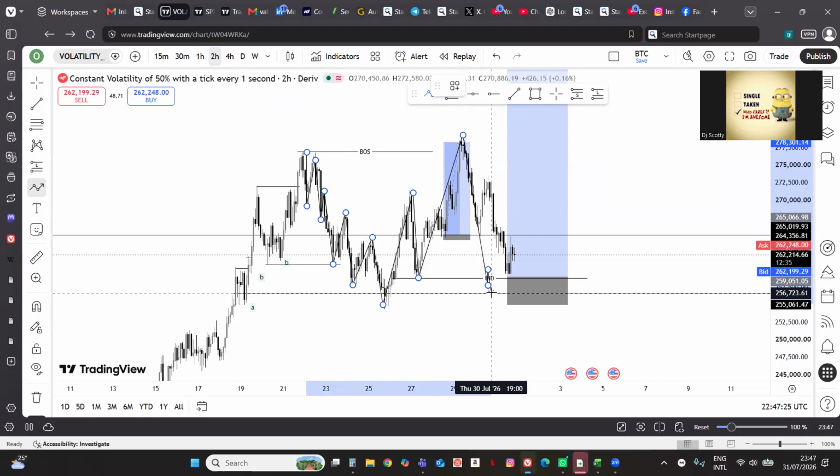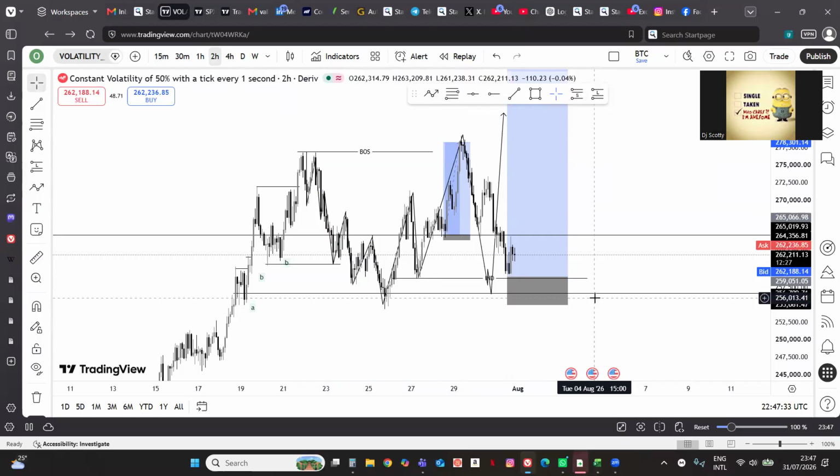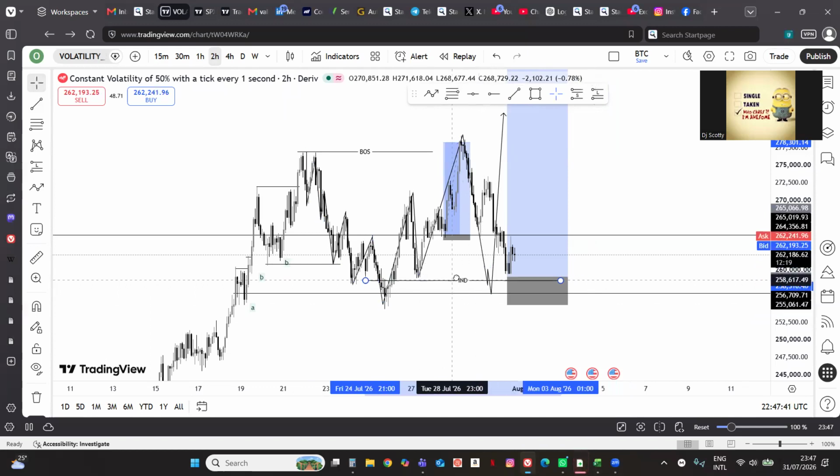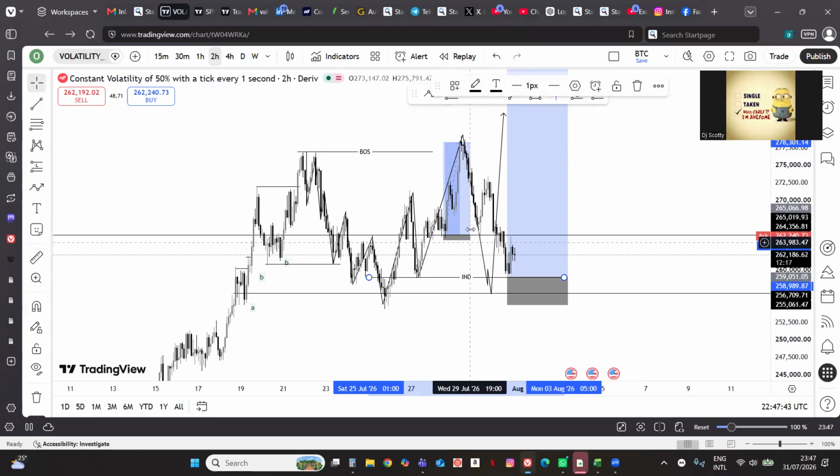Once it does that from here, you have it going all the way up this way. It's as simple as that. Once you see that inducement and the sweep here, this becomes your confirmation for the trade.